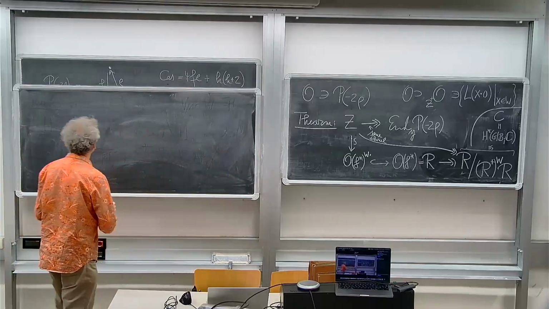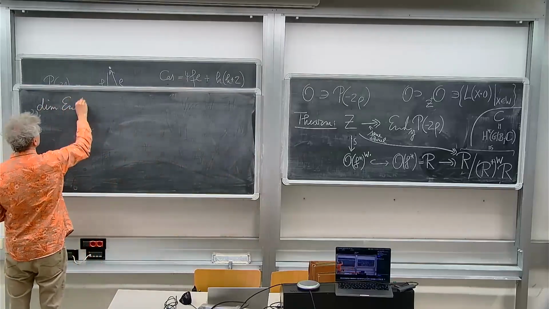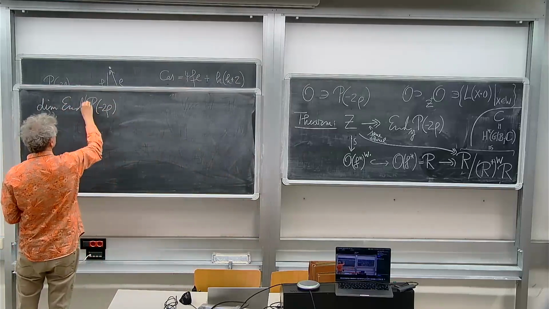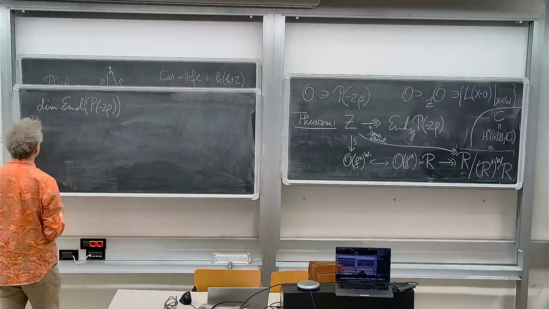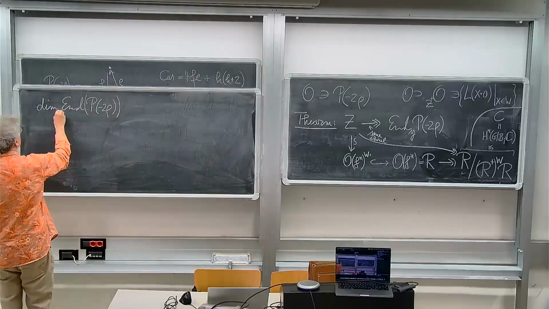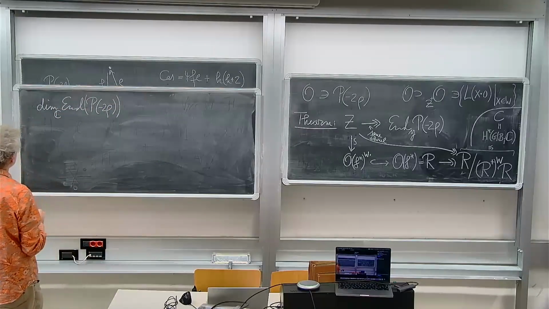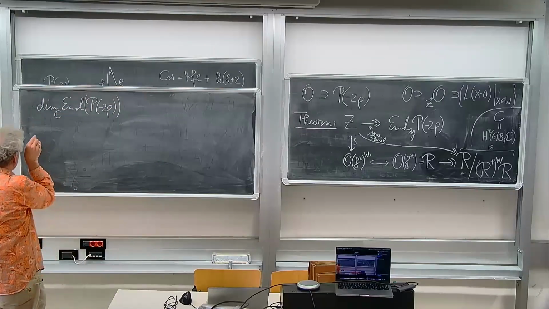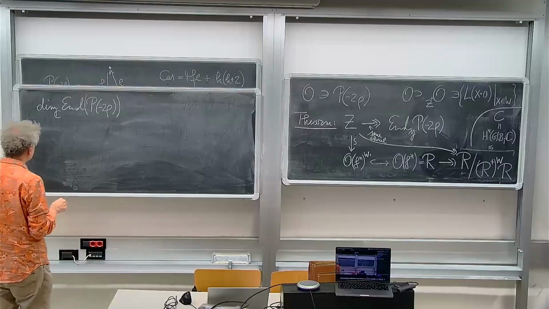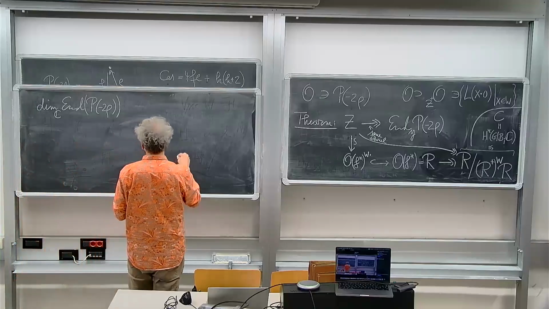Namely, what is the dimension of the endomorphisms of this guy? Okay. Now I have a problem that I didn't explain to you enough about the functor, but what can I do?